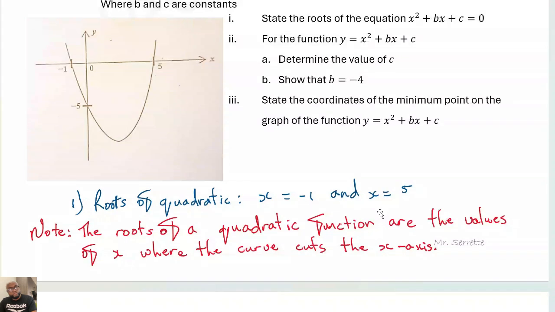Please write it, everyone. That is what the roots of the quadratic would be. Everybody good there?